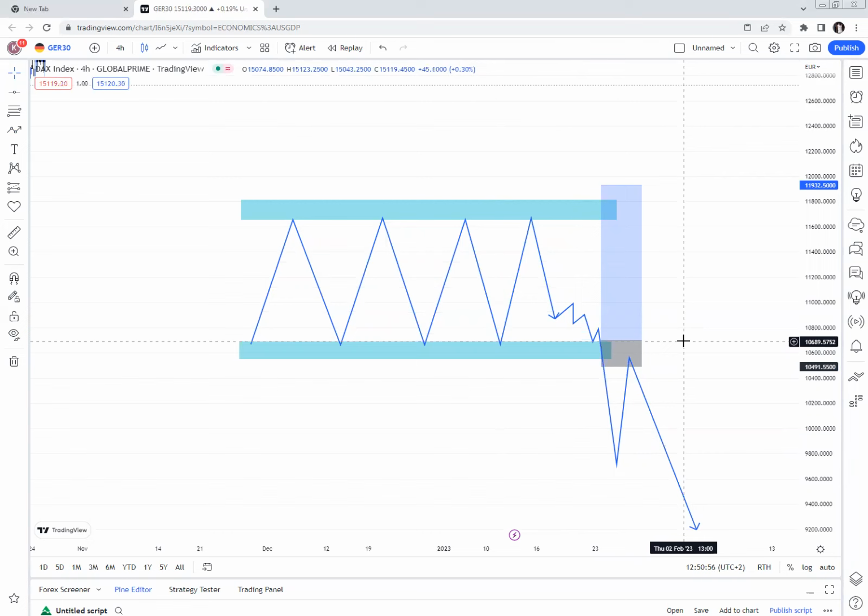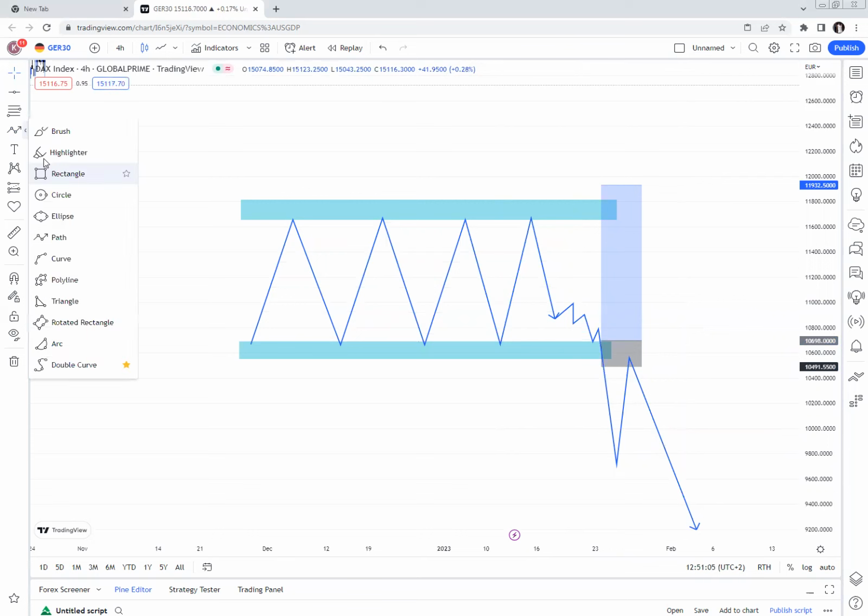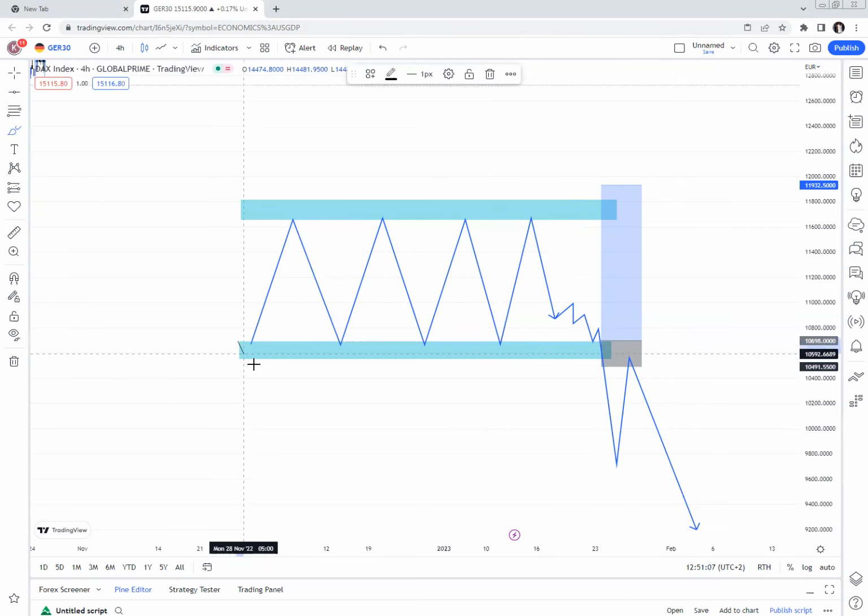The more a zone is touched, the weaker it becomes. Understand? The more a zone gets touched, as you see here, 1, 2, 3, 4, the weaker it becomes.